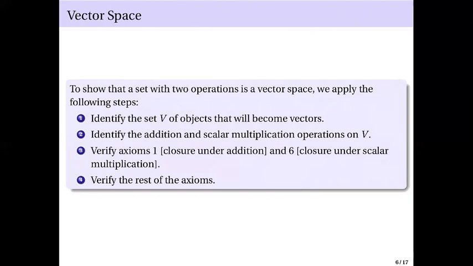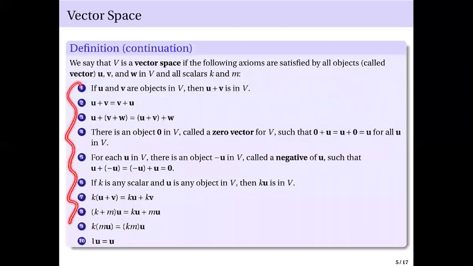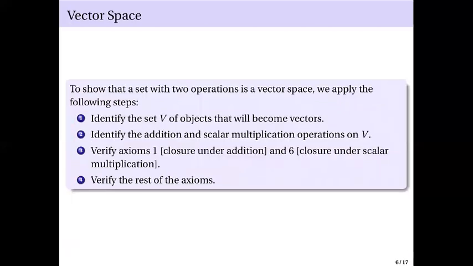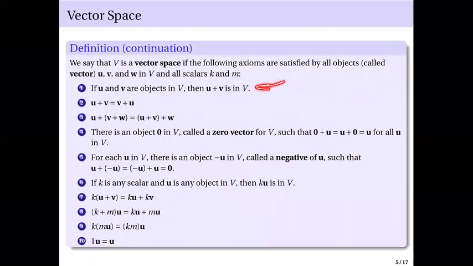So you have the non-empty set V. You should know the addition and scalar multiplication, and then you start verifying these 10 axioms. You start with axiom 1 and axiom 6. Axiom 1 here, we call it the closure under addition, or the closure of the operation addition.